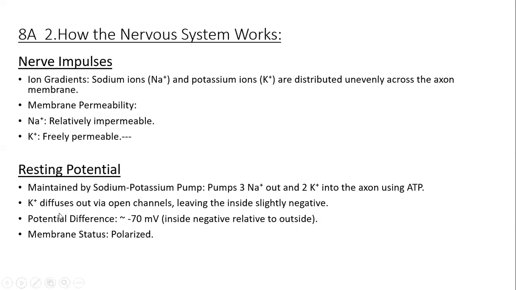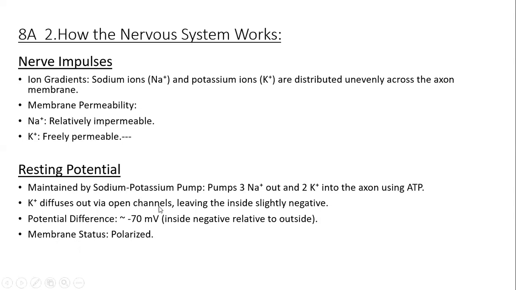Membrane status. Now they are telling about the membrane status. No membrane. That is polarized. Polarized means, now here they are talking about the axon membrane, right? Polarized means inside it is negative compared to the outside.